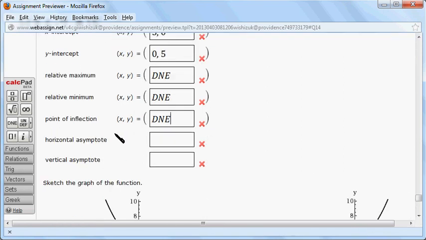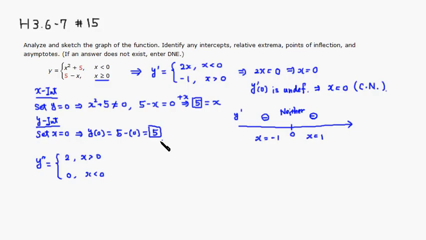Then horizontal asymptotes and vertical asymptotes. This guy does not blow up or blow down to negative infinity, so there are no vertical asymptotes. And for the horizontal asymptotes, as x gets larger and larger, this is going to blow down to negative infinity.